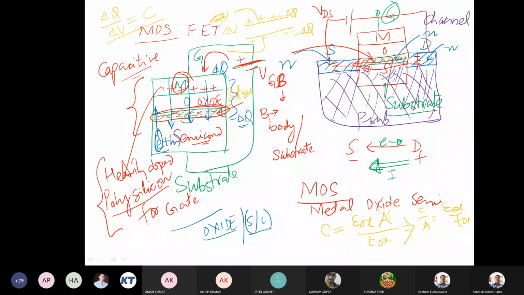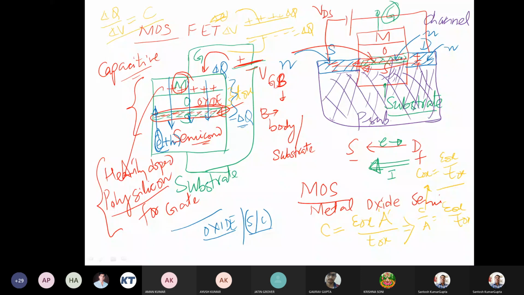This particular value has been traditionally called C ox is equal to epsilon ox upon T ox. Okay. So because of this capacitive effect, we can try to understand: if we put a positive charge on the gate, then an equal and opposite negative charge is going to appear in the semiconductor at the semiconductor and insulator interface.